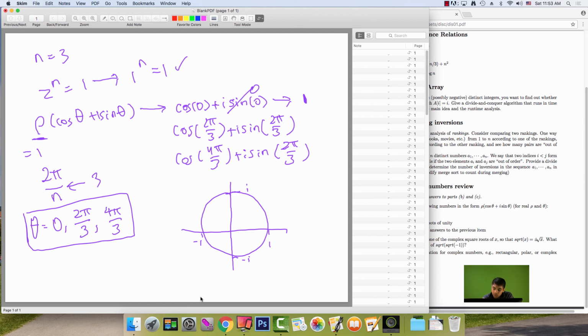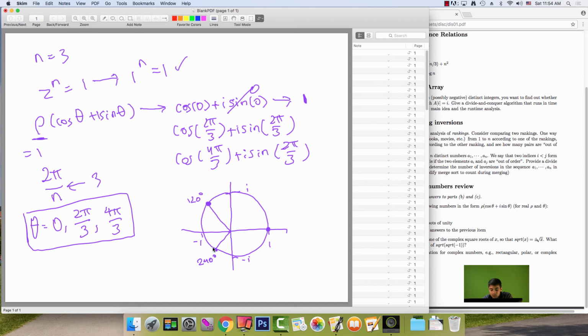So the very first root of unity is going to be at 0. The second is going to make an angle of 2 pi over 3, which is equivalently 120 degrees. And the third one is going to make an angle of 4 pi over 3, or equivalently 240 degrees.